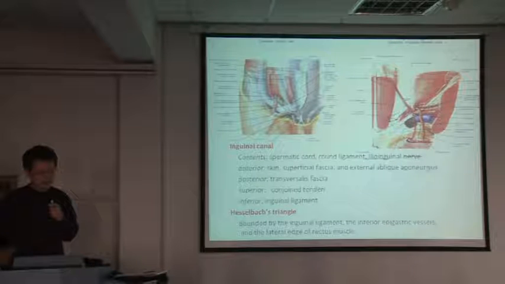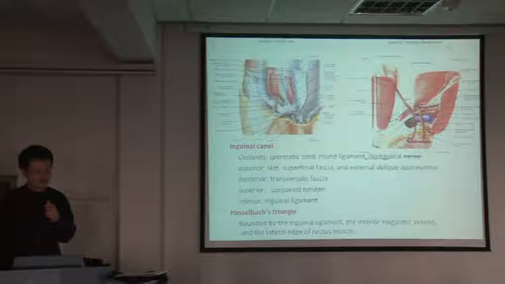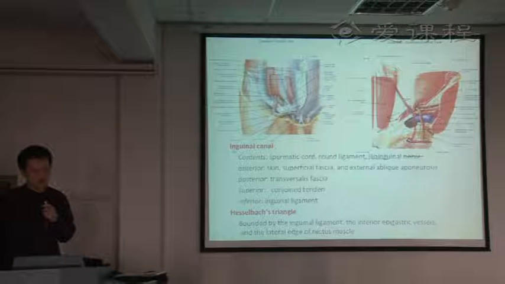The posterior is the transversalis fascia. The superior is the conjoint tendon. And the inferior is the inguinal ligament. So it's possible to test you to make out what the inguinal canal is and what its borders are. So please remember this. And another more important one is Hasselbach's triangle. So I think it's easy to understand.